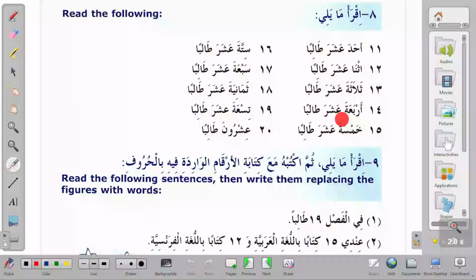Okay. So now let's look at how they are being used. Please observe very well. Pay attention. We are going to talk about grammatically how they should be. Now, the 11 and 12.